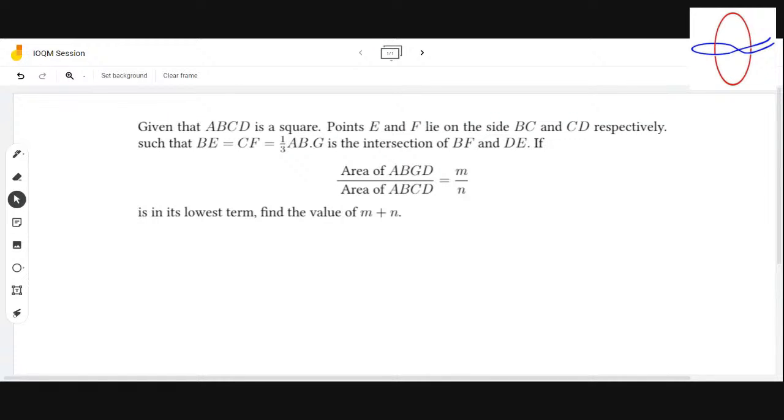So let's first do the diagram of the problem. How should we do this diagram? Let's draw this diagram.